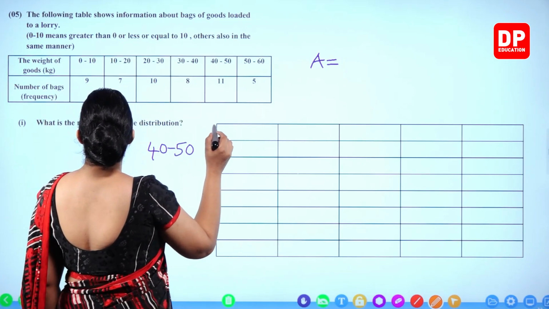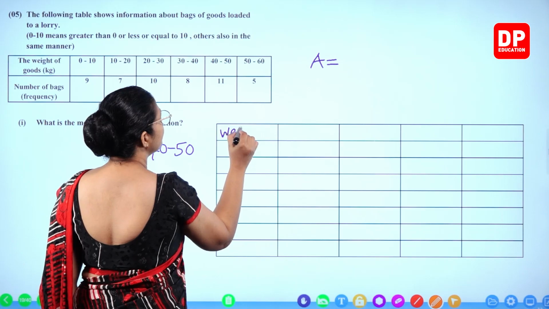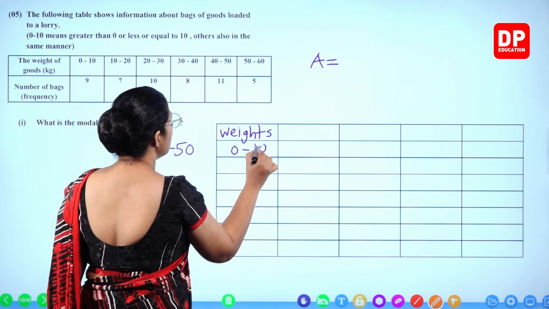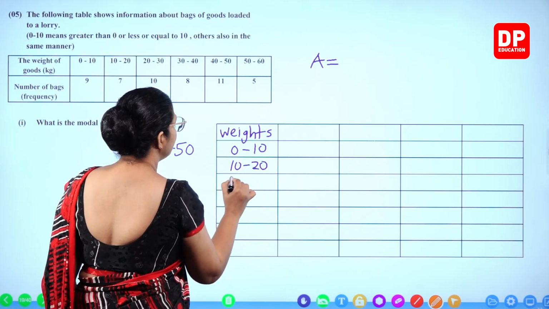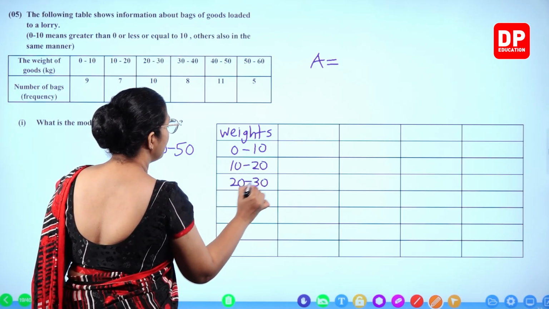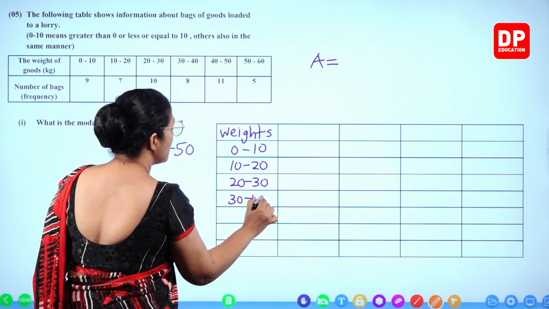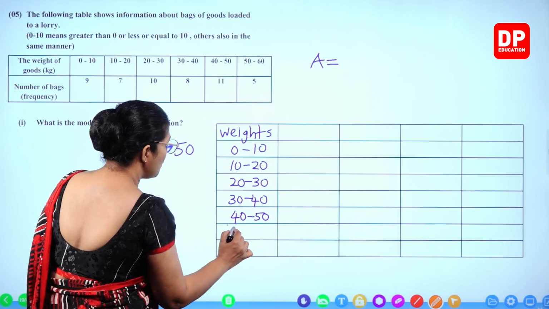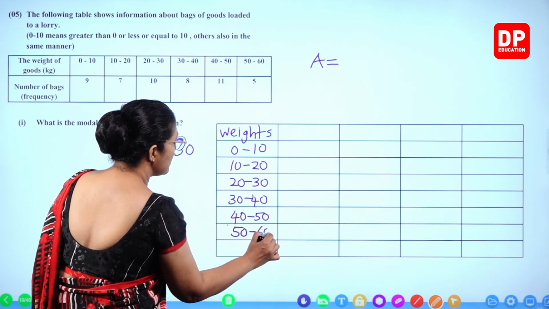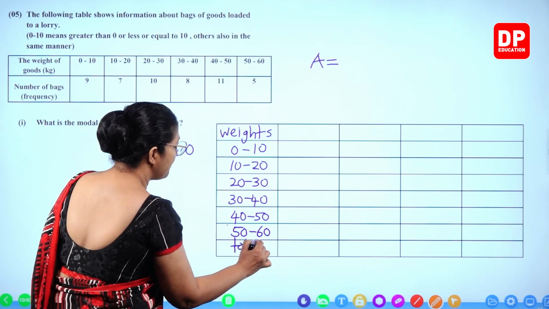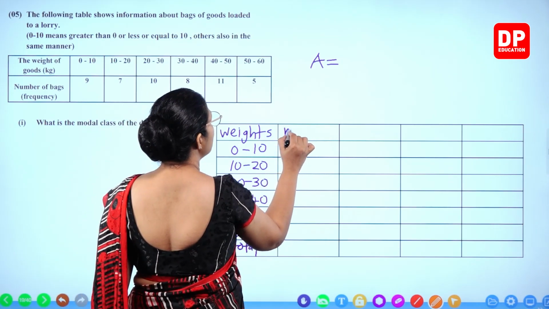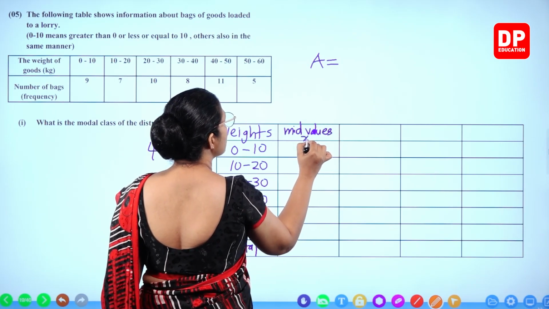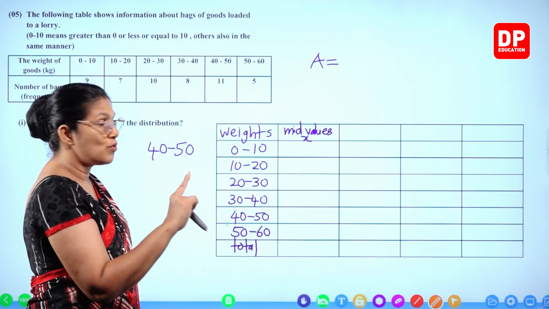So let's write down these weights: 0 to 10, 10 to 20, 20 to 30, 30 to 40, 40 to 50, 50 to 60, and the total we can write here, and the mid values. Mid values are x.